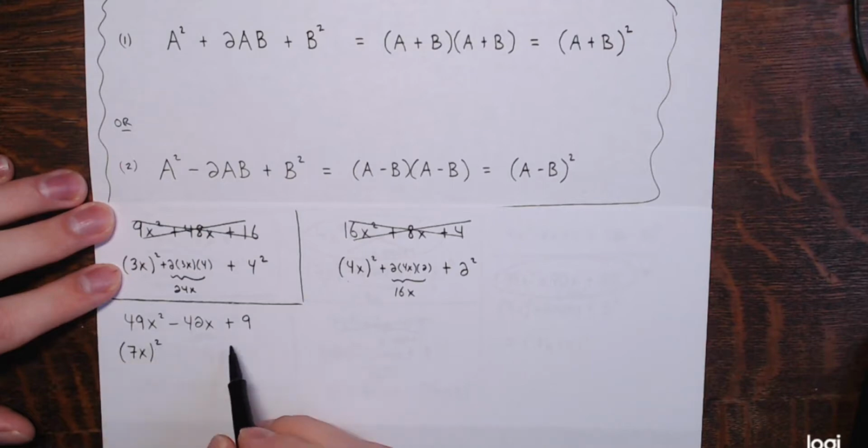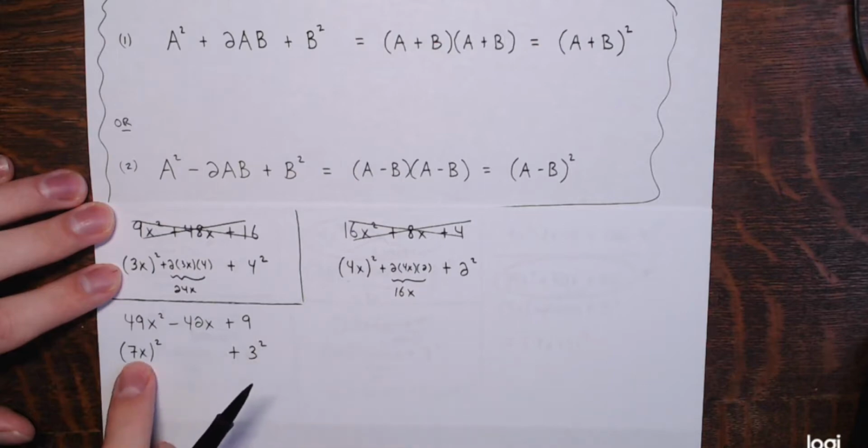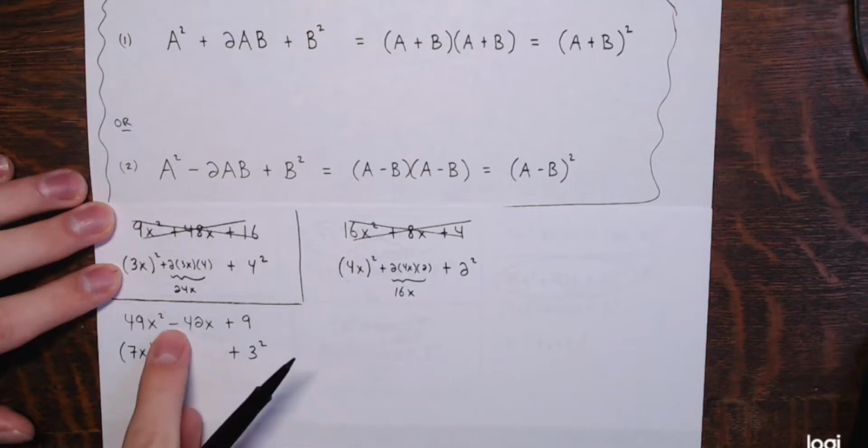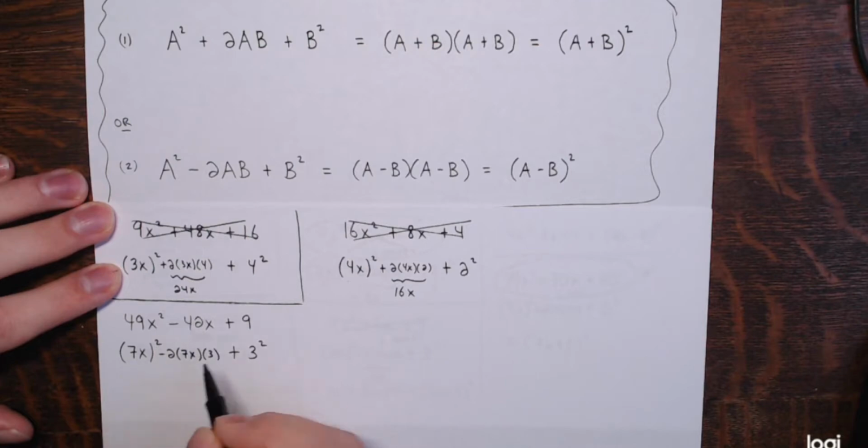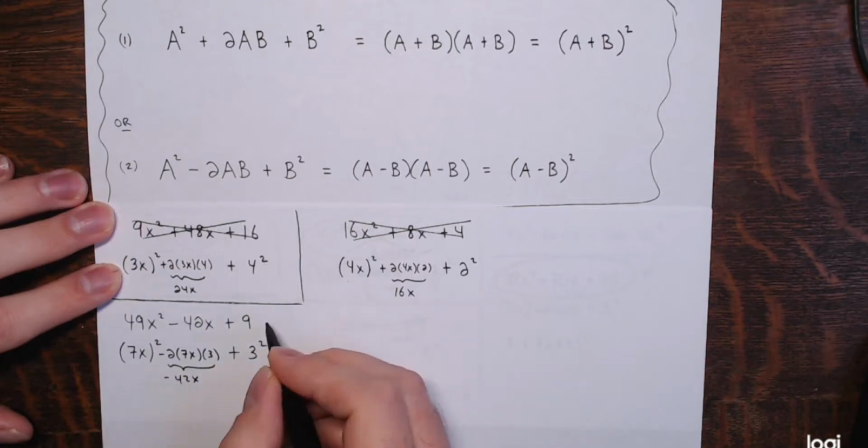The plus 9 is plus 3 squared. So I'm going to treat 7x like a and 3 like b, and see if the middle term is minus 2ab. Minus 2 times 7x times 3. And what is this? This is minus 2 times 21, that's 42x. Bingo. This is it.